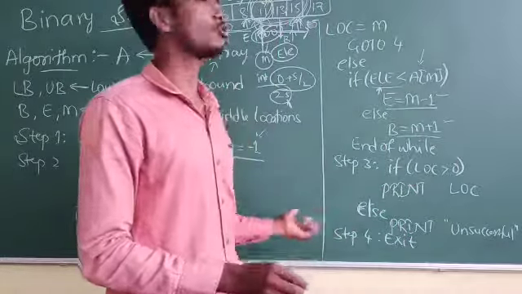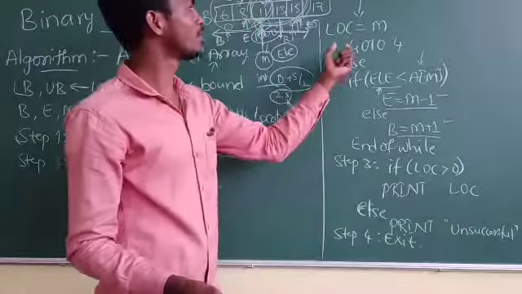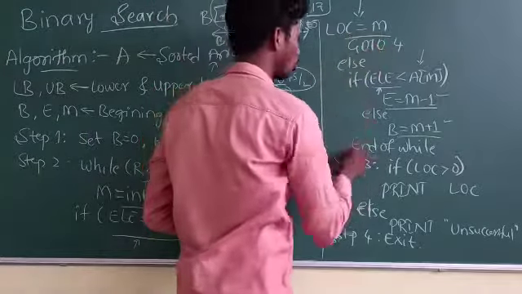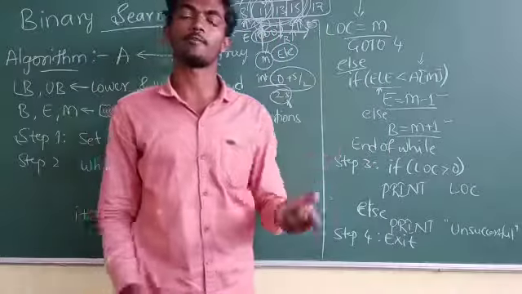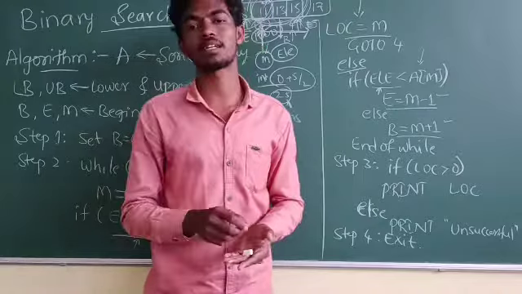Then if element is equal to A of m, A of middle, and if it is true, location is A of m and go to step 4, that is, exit. Else you have to check whether the element is less than the middle or greater than the middle.